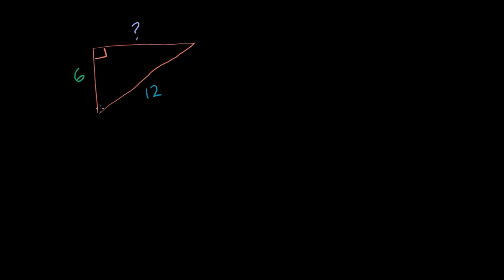Now, like I said, the first thing you want to do is identify the hypotenuse, and that's going to be the side opposite the right angle. We have the right angle here. You go opposite the right angle. The longest side, the hypotenuse, is right there. So if we think about the Pythagorean theorem, that a squared plus b squared is equal to c squared, 12 you could view as c.